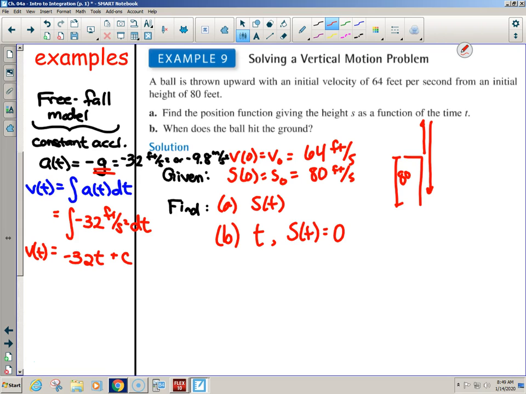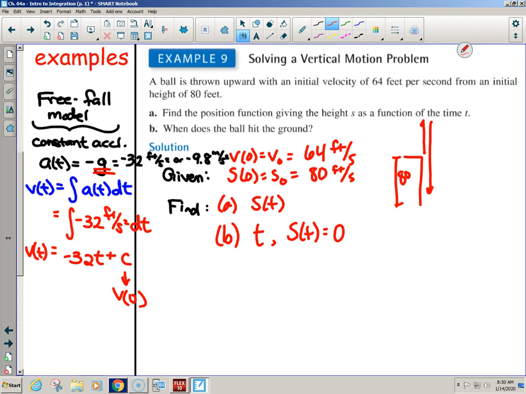So the nice thing is for motion, I'm able to say that c is going to be my initial velocity, just because plugging in 0 will make that negative 32t go away, and my initial velocity will equal c. I'm able to make that extra jump.